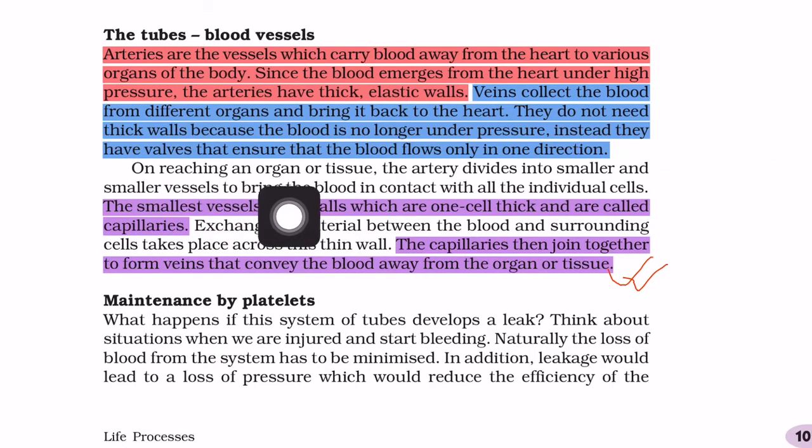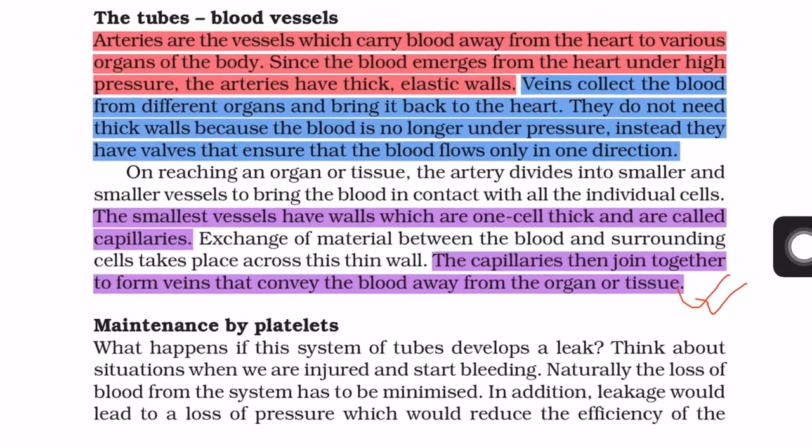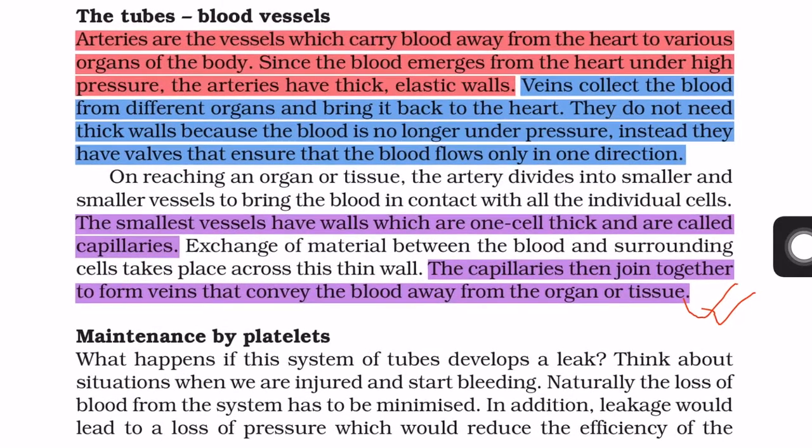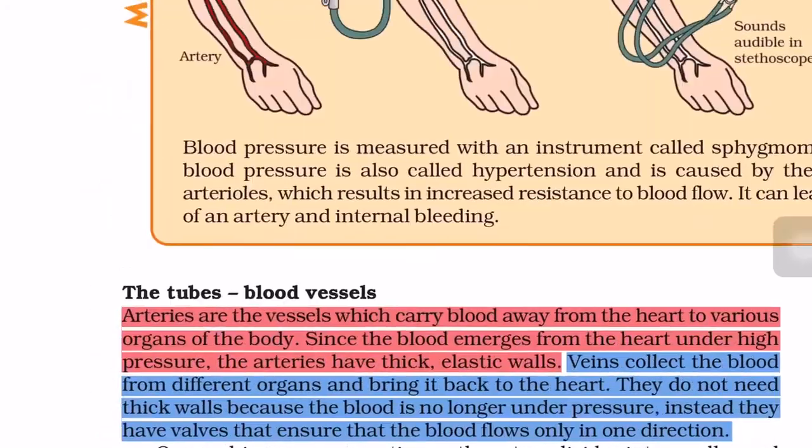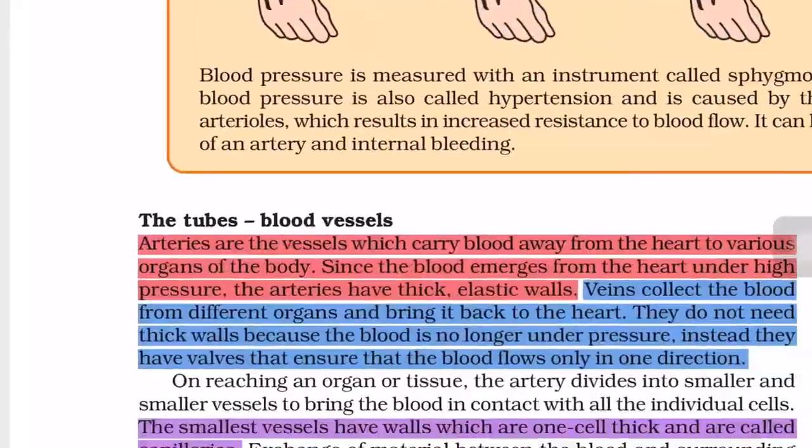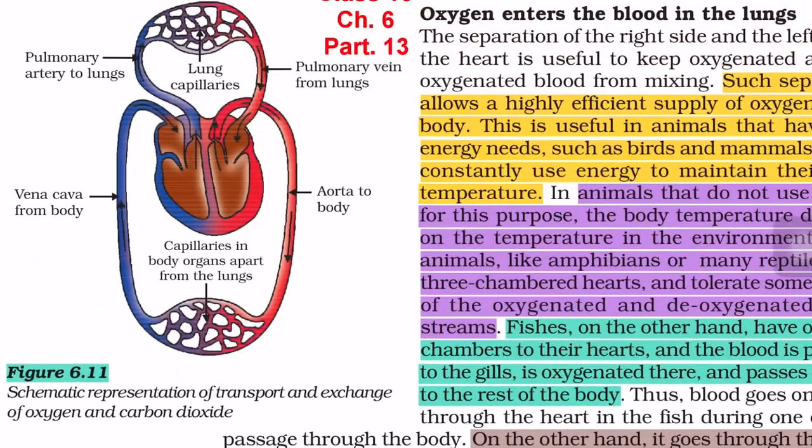On reaching an organ or tissue, the artery divides into smaller and smaller vessels to bring the blood in contact with all the individual cells. So when these vessels, that means the arteries which carry pure blood, reach the different organs, after that they divide into small capillaries.